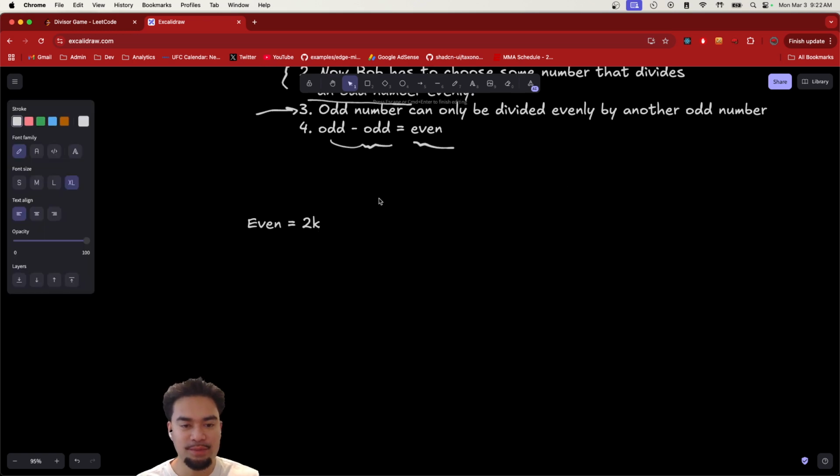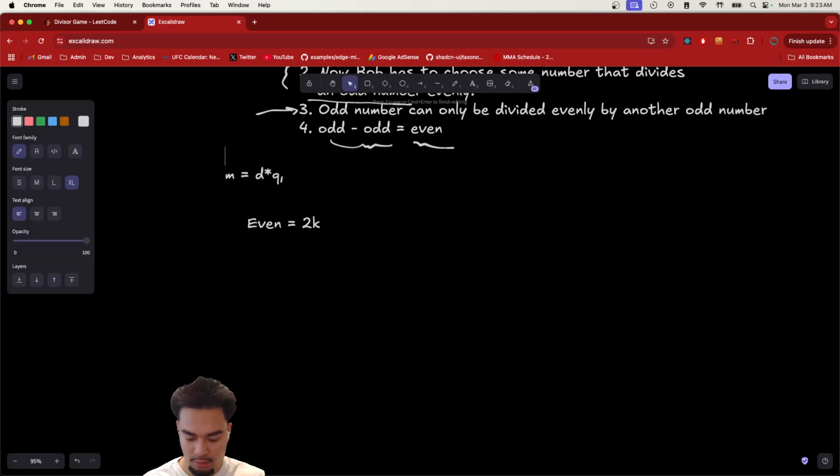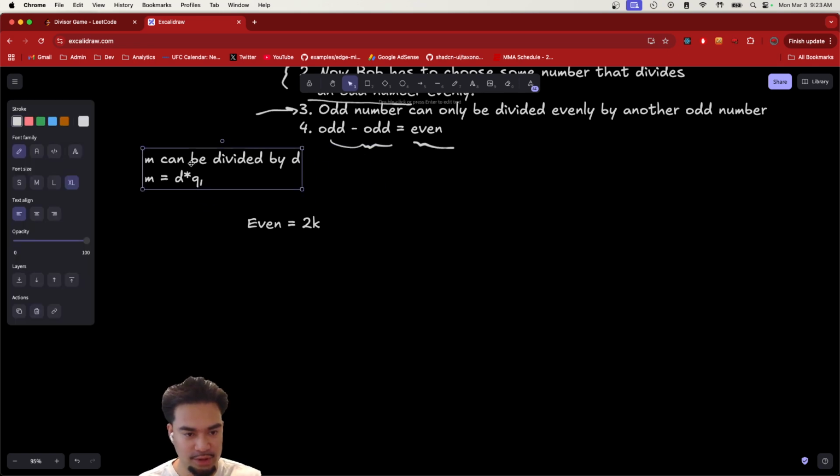What does it mean for something to be divisible? If m is divisible by d, that means m can be divided by d evenly.